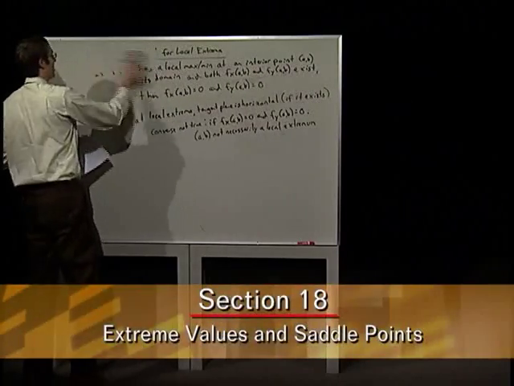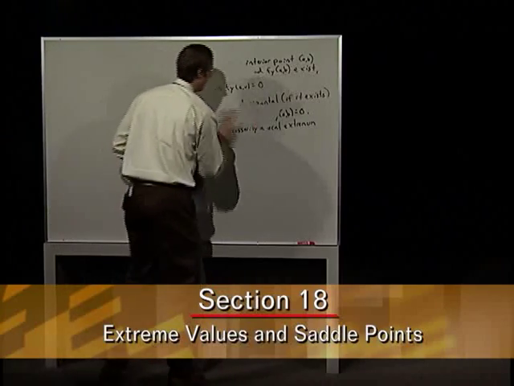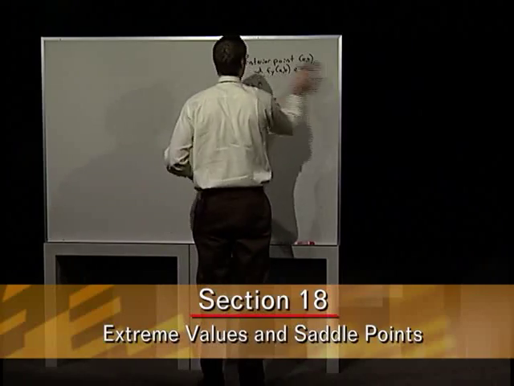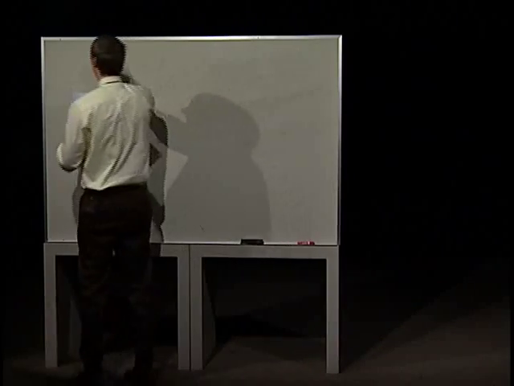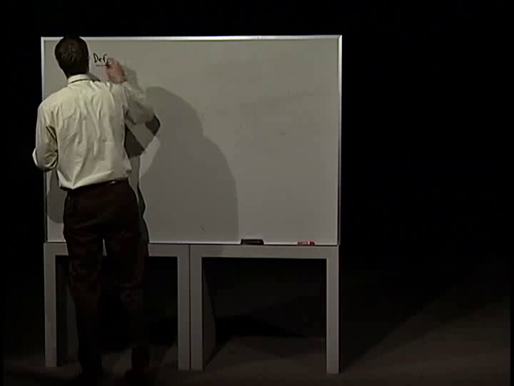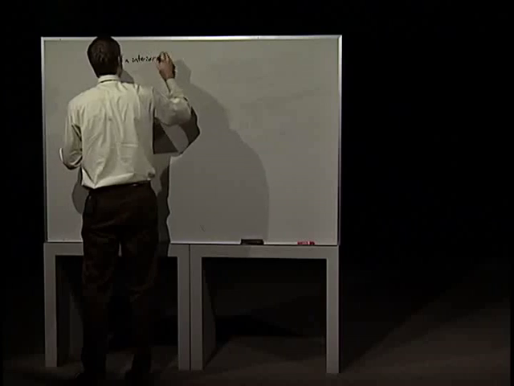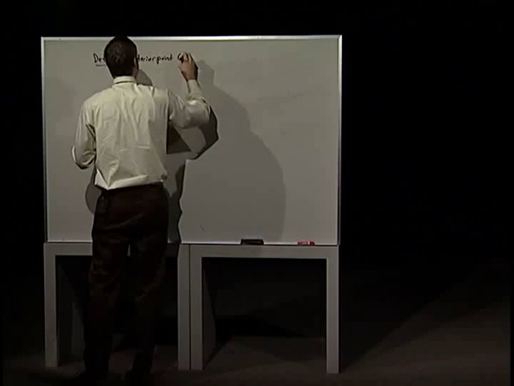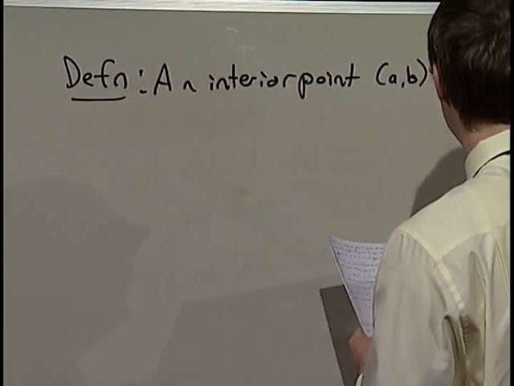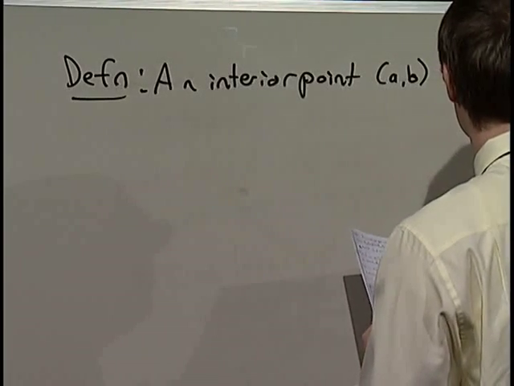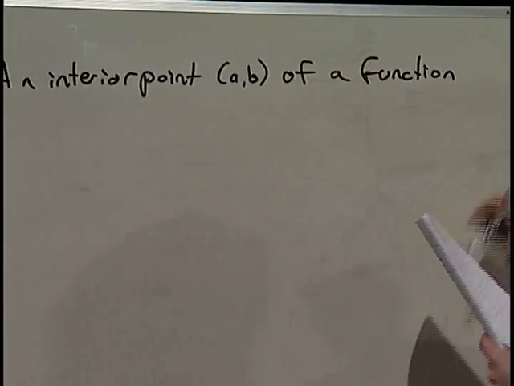So, okay, definition. Well, critical points were points where f prime was 0 in the single variable case. It's essentially the same definition for the multivariable case. So, definition, an interior point (a, b), and I'm just saying interior point because I'm kind of distinguishing that from a boundary point. We can have extrema at boundary points, and they're kind of different.